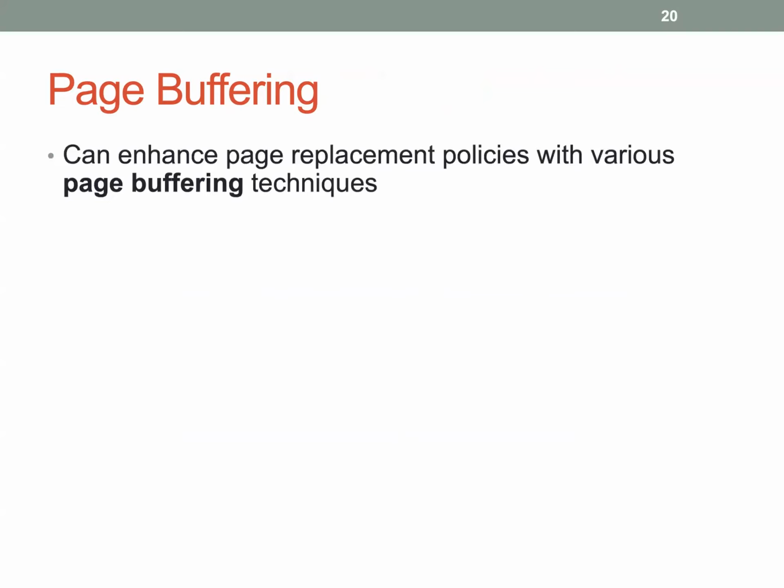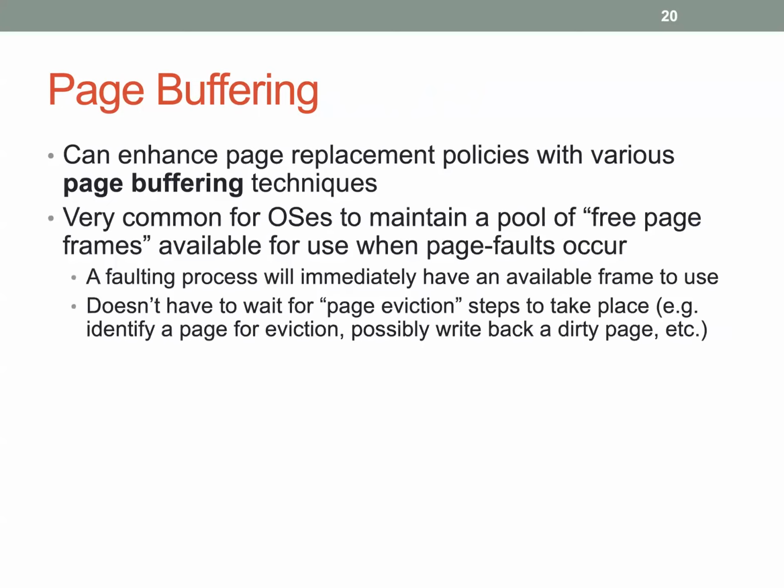Okay, a few other details to keep in mind of how modern virtual memory systems work. One very common approach, it pays off so well that I'm pretty sure every modern operating system does this. They use page buffering, which is basically figuring out how to identify pages that are candidates for eviction, but not actually doing the eviction process right away.